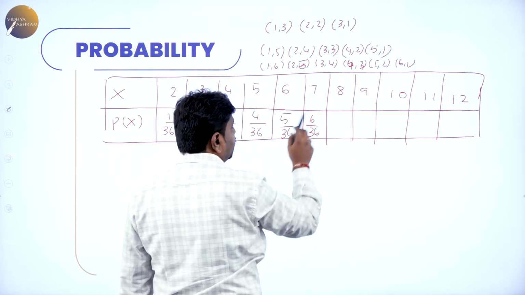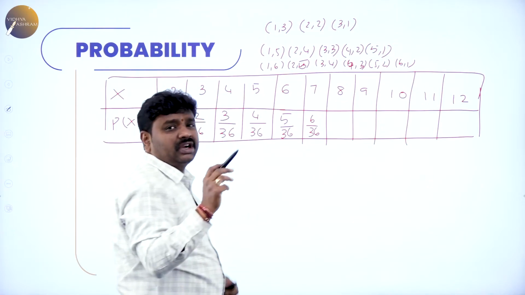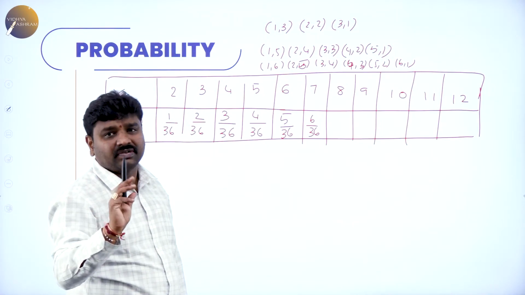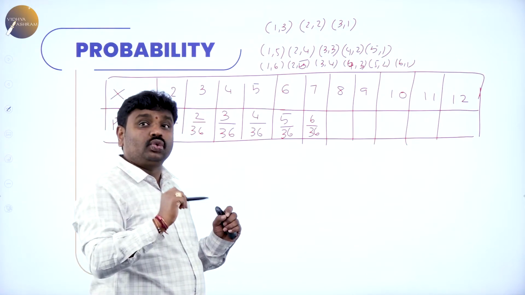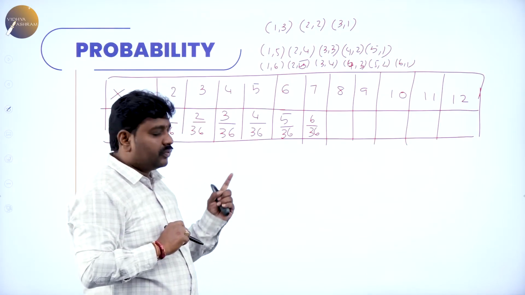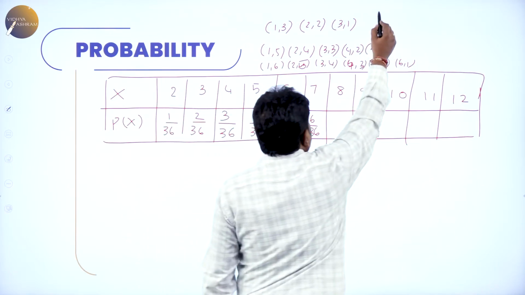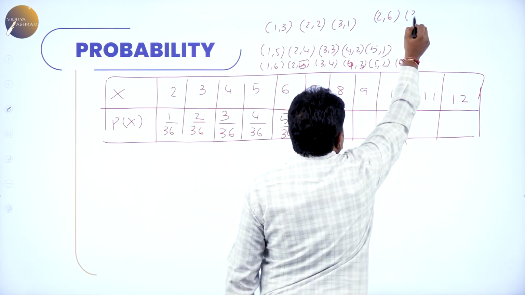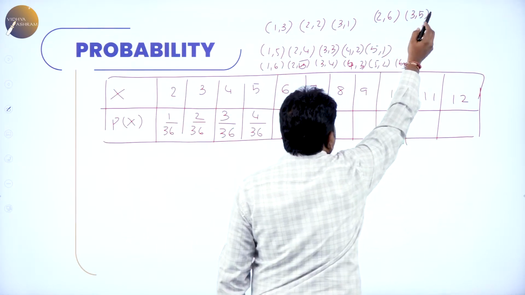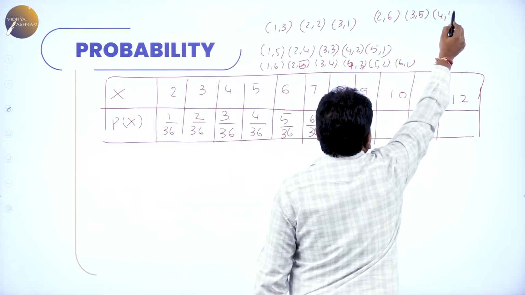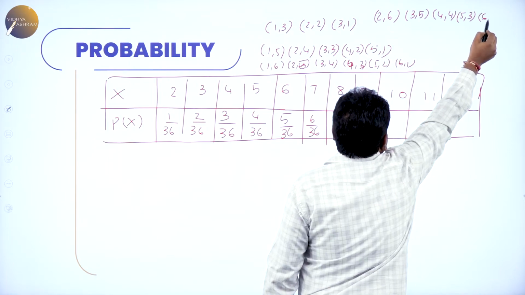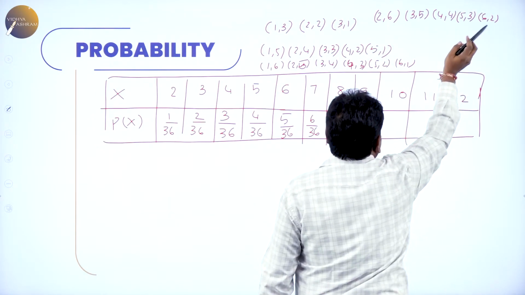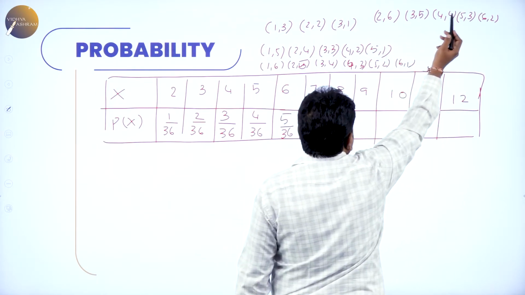Then sum 8: with 1 you will not get 8, since 1 plus 6 is 7, the maximum. With 2, 2 plus 6 gives 8, 3 with 5, 4 with 4, 5 with 3, and 6 with 2. That's it, so 5.